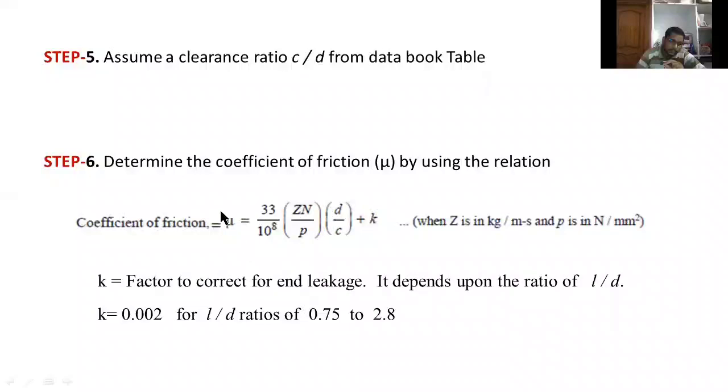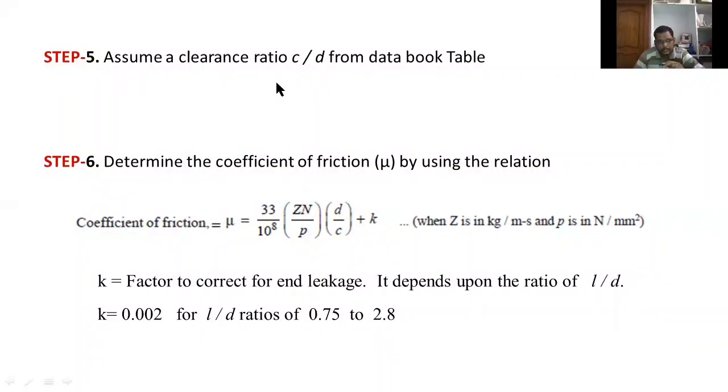In step number 5, you have to choose a suitable diametral clearance ratio. C by D is the diametral clearance ratio, where C is the diametral clearance and small d is the diameter of the shaft. From the data handbook, you have to select the C by D ratio.